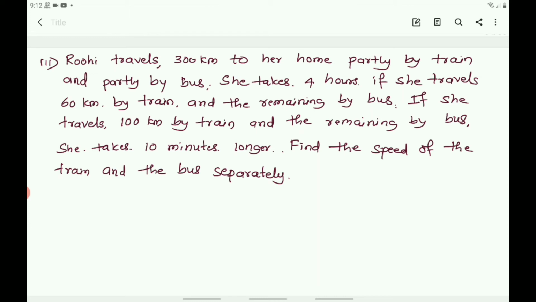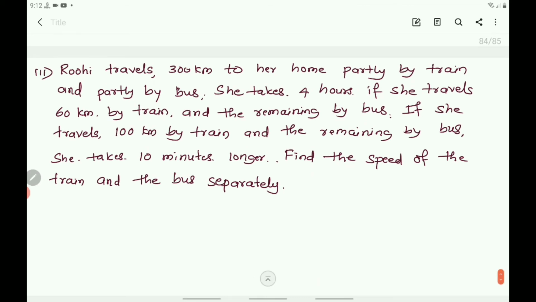Now let us solve this. First, take the first one, that is the solution here.